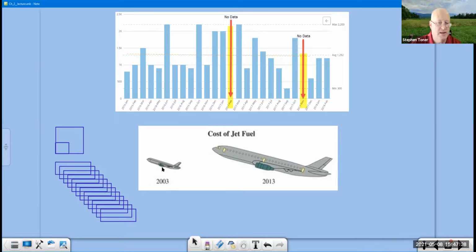Another problem is to compare these two jets, and we're talking about the cost of jet fuel increasing, apparently, because in 2013, that picture of a jet is getting larger. But the question is, how much larger? I've drawn some rectangles here that are just about the size of that jet. You might ask, how many jets of the left type will fit into the one at the right?